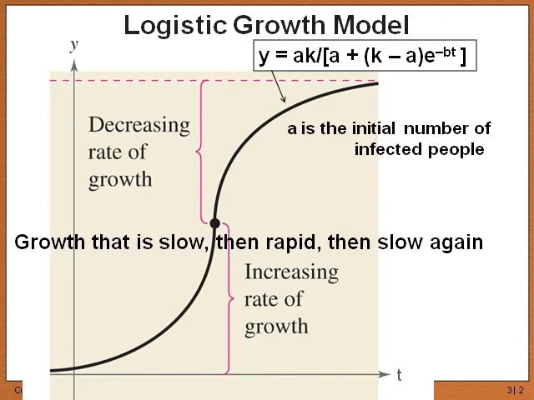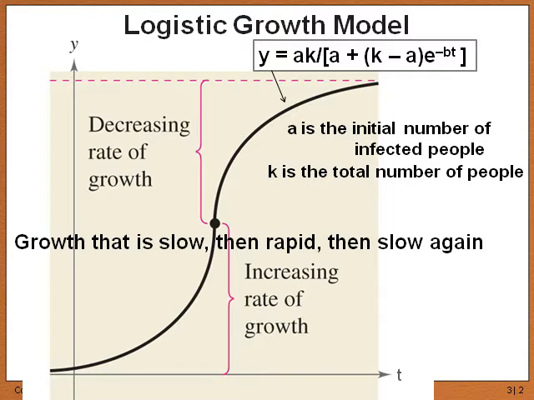Now, in this model, A is the initial number of infected people. So let's say in a pool of people, could be a city, could be a school, you start with one infected person, or two, or three, or 10. It's just the initial number of infected people before a disease begins to spread.